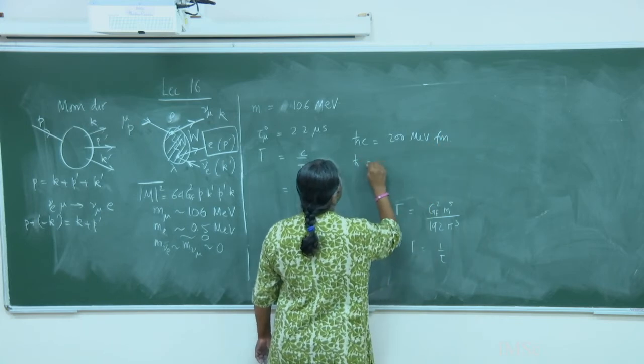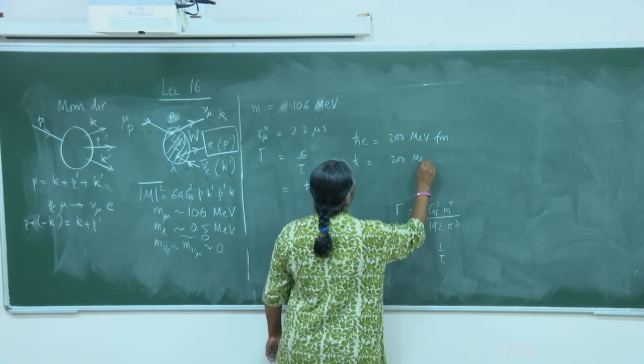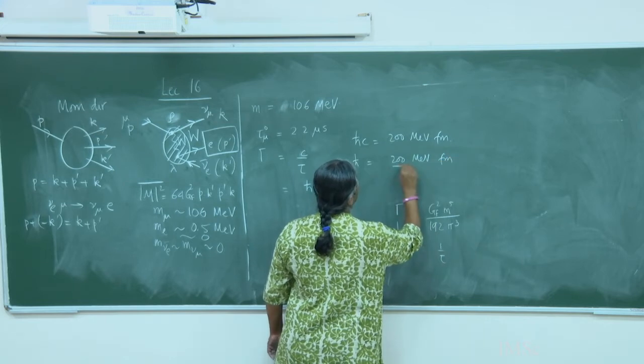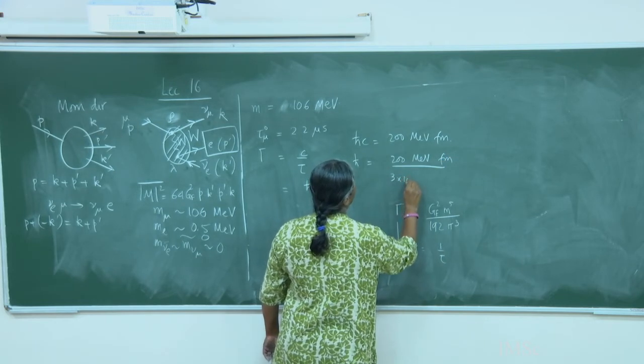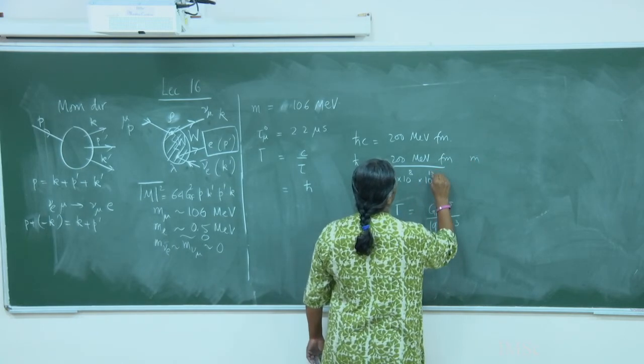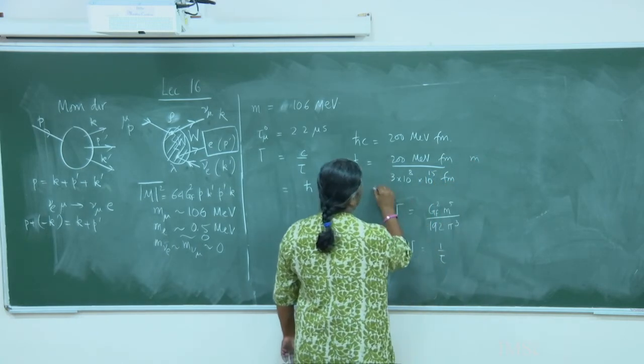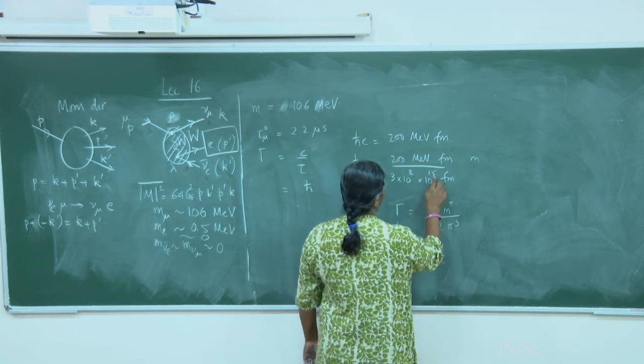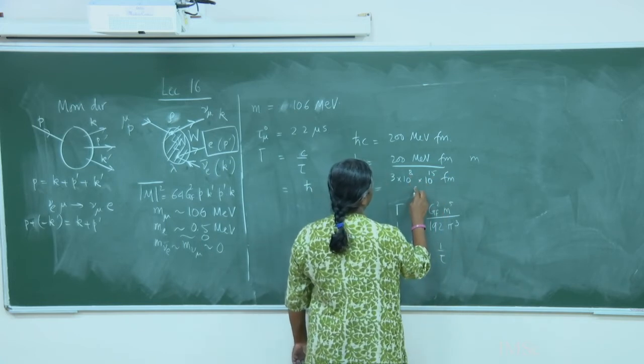So h cross is 200 MeV Fermi by 3 into 10 power 8 meter per second.